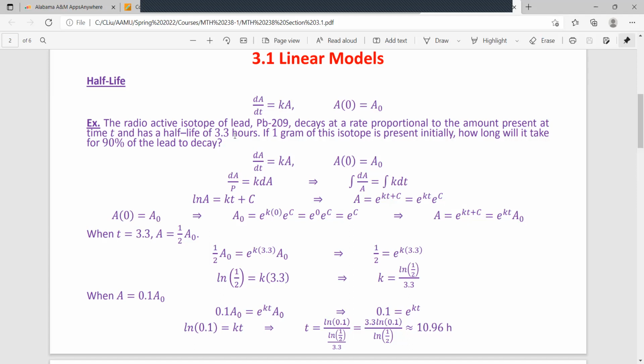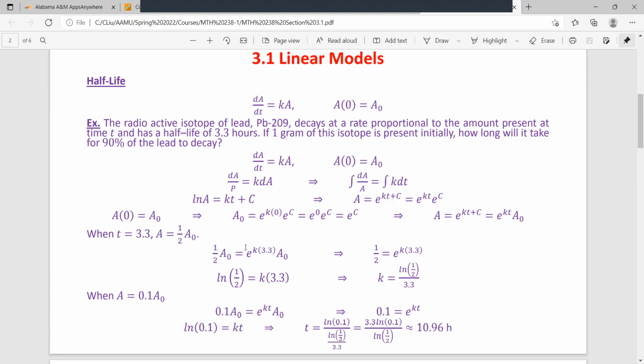Now we're going to use the half-life to determine this constant K. What half-life means is that when T equals 3.3, so after 3.3 hours, the amount A becomes half of the initial amount, half A0. So if we plug in 3.3 for T and half A0 for A in the solution, then we can find K.